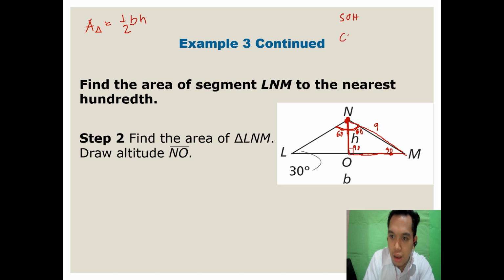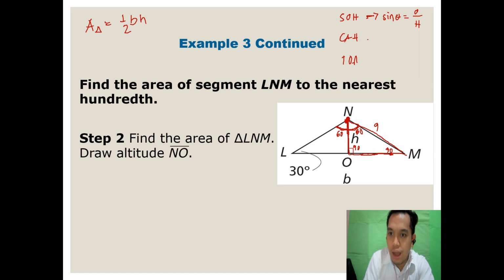So SOH is sine theta equals opposite over hypotenuse.